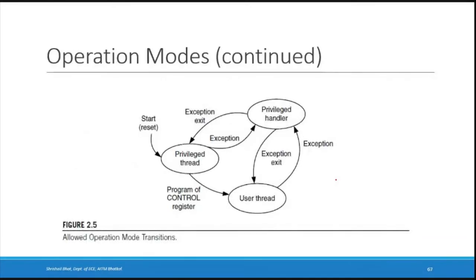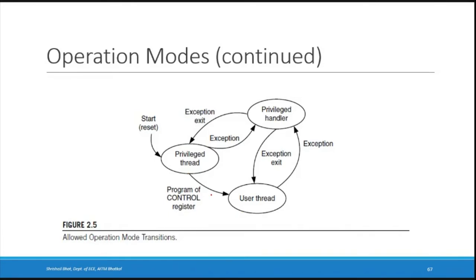As we have seen, when the processor exits reset, as soon as we reset the processor, it will be in the thread mode with privileged access rights. It will be privileged level and thread mode. From there, you can change the state to user level and thread mode by programming the control register, right?